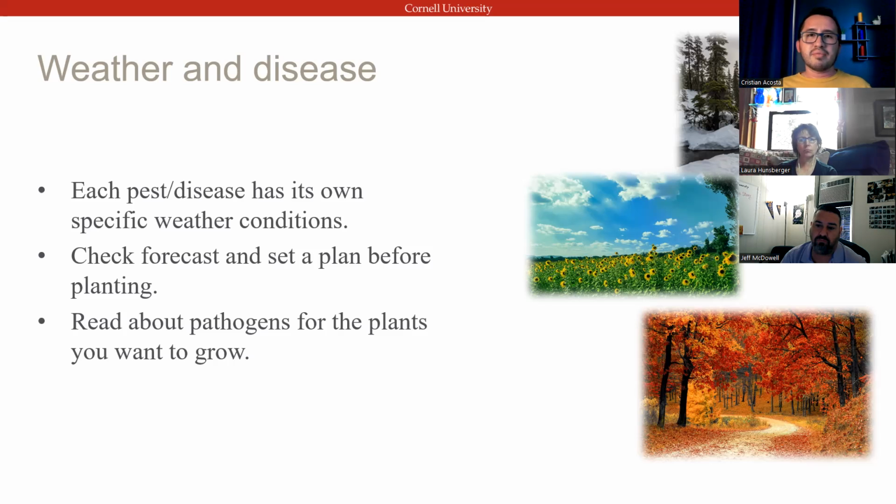and at the same time the weather for the diseases: fungus, bacteria, nematodes, everything that is a natural enemy of the plant. And check the forecast and check the condition of the plant.